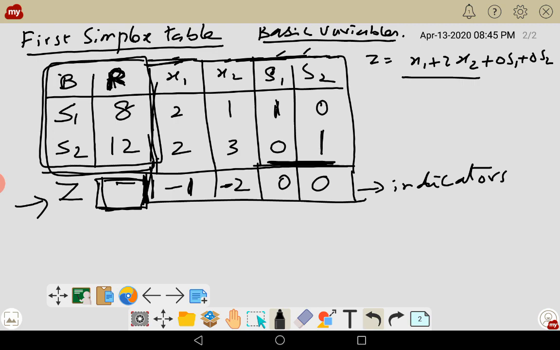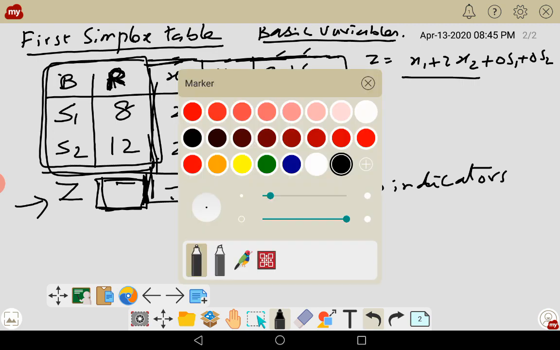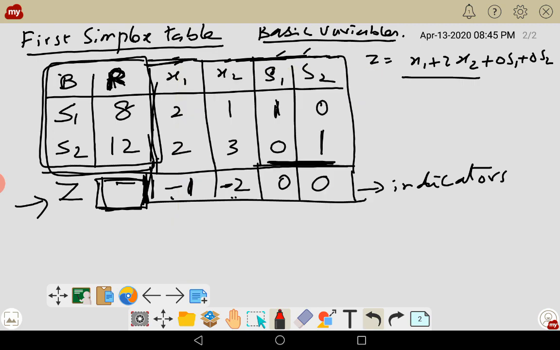Since there are some negative values here, we are supposed to take the most negative value and mark that column. Out of these two negative values, this is the most negative. We are not talking about maximum or minimum value, but most negative. If I write -3, -8, -10, the most negative is -10. Just remember that.